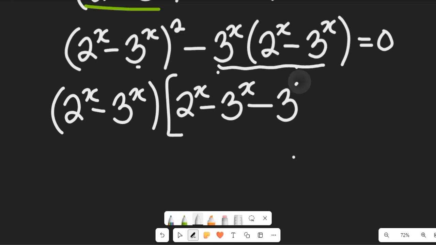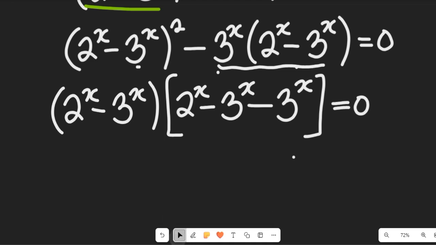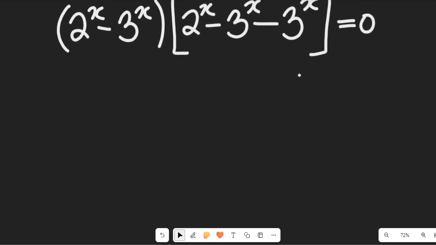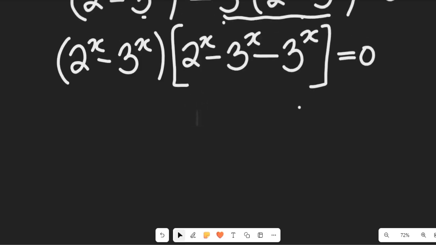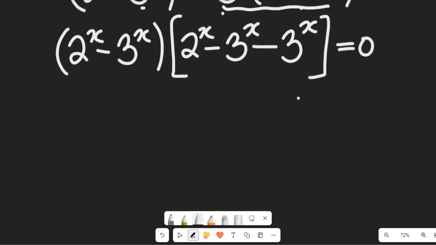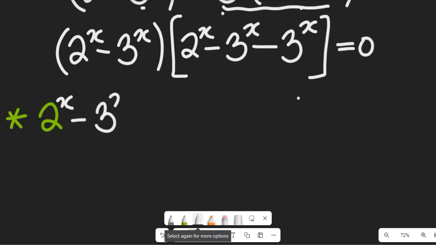Negative 3 to the power of x, right? And all this will be equal to 0. And this is what I call the zero product rule. Now, from this zero product rule, I can easily make a solution out of it, because the first part I'm going to see that 2 to the power of x minus 3 to the power of x is equal to 0.